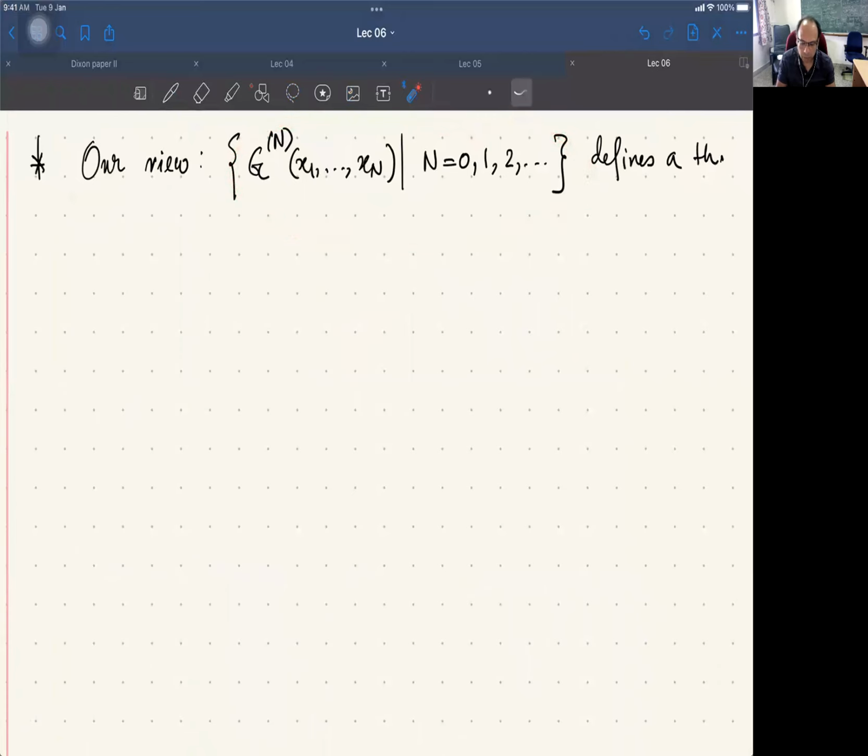Okay, so now with that understanding, the question is how to get more non-trivial Green's functions, GNs.